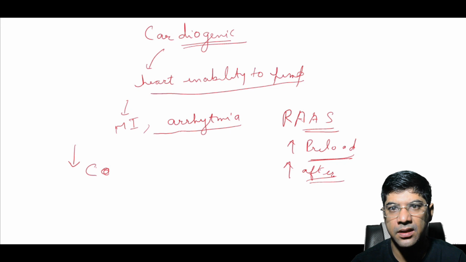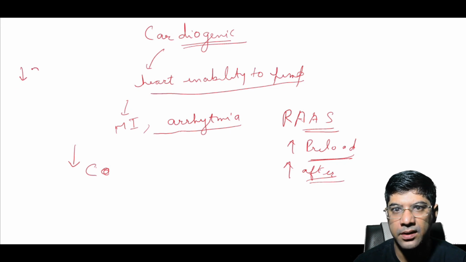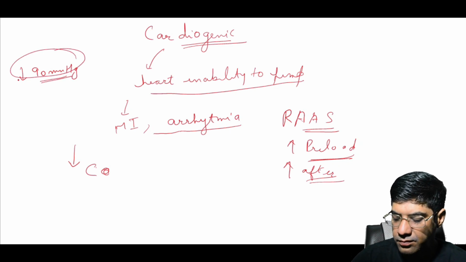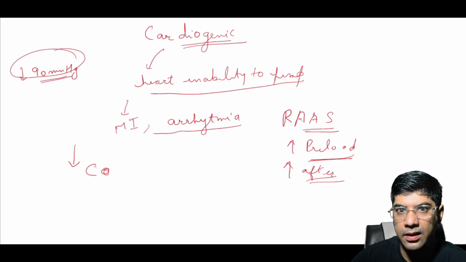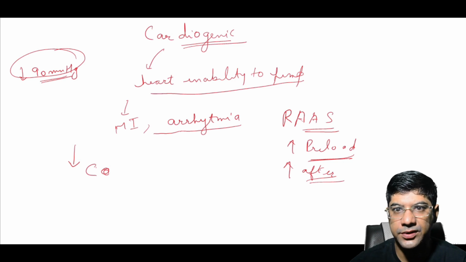Now, clinical presentation. The hallmark of shock is systolic blood pressure usually below 90 mm of mercury. So there is hypotension, there is tachycardia. The body attempts to compensate for low cardiac output by increasing the heart rate. Due to peripheral vasoconstriction, the skin becomes cold and clammy.